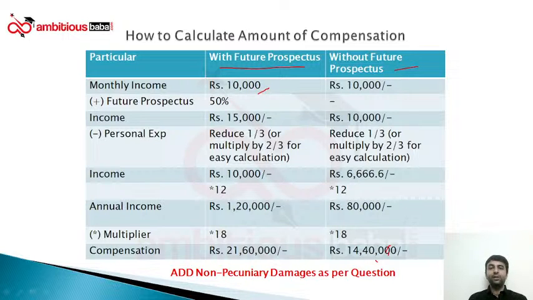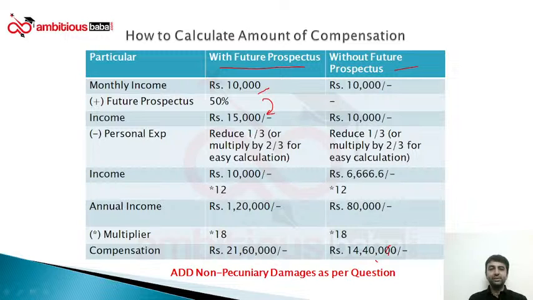Now 10,000 rupees is lesser than the notional income, so do not mix 2-3 concepts. It is just an example, it can be 1 lakh also. Just for the sake of calculation, I have taken this as 10,000. Considering future prospects of 50%, the income will be 15,000. We have just multiplied this number with 1.5.